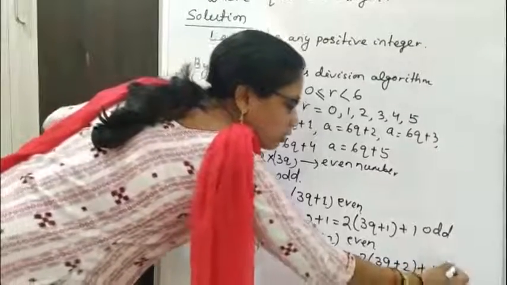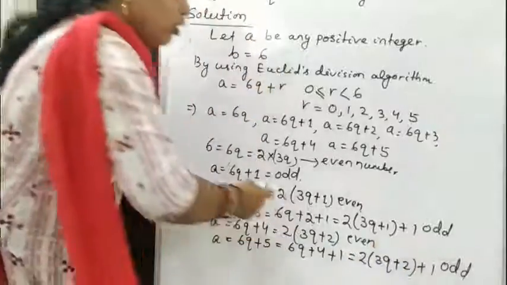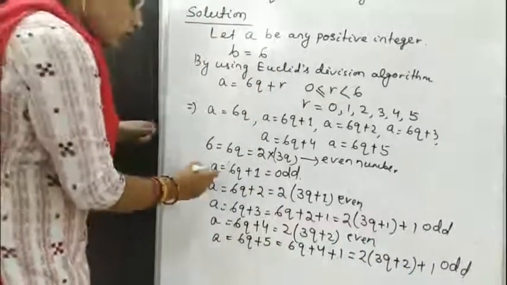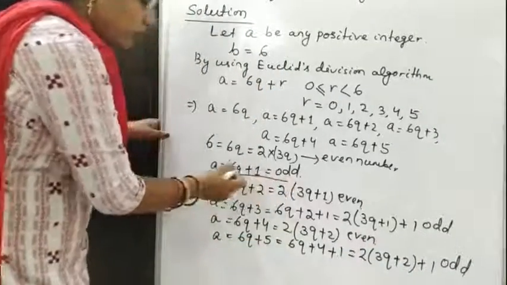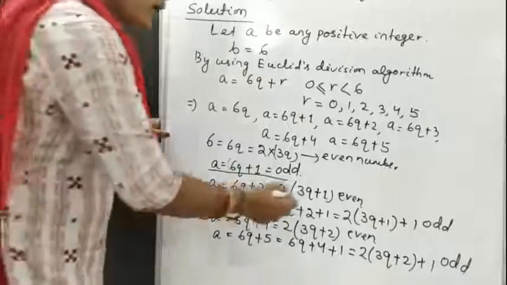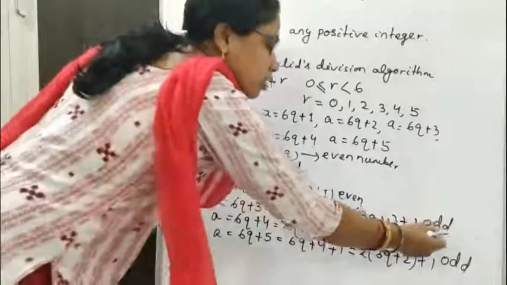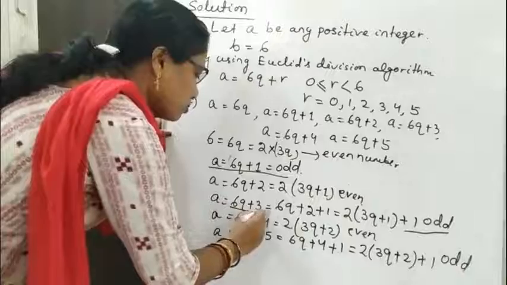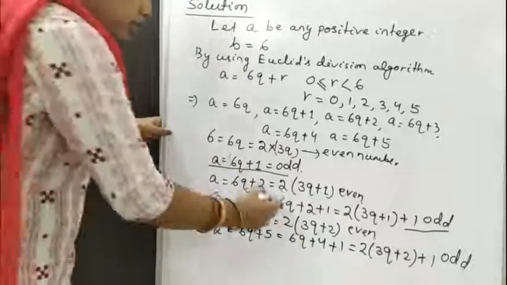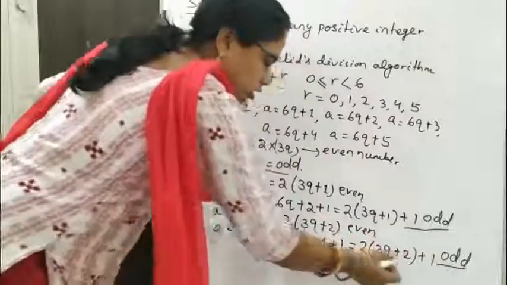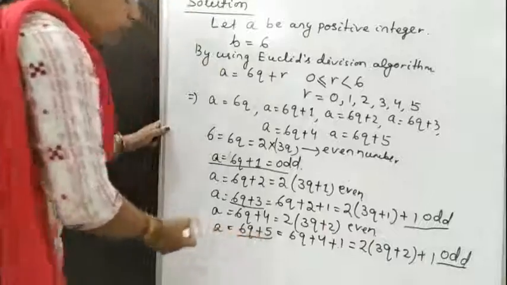So this is odd. So look at the odd numbers. This is odd, in the form of 6q plus 1. Another one is odd, in the form of 6q plus 3. And the last one is odd, in the form of 6q plus 5.